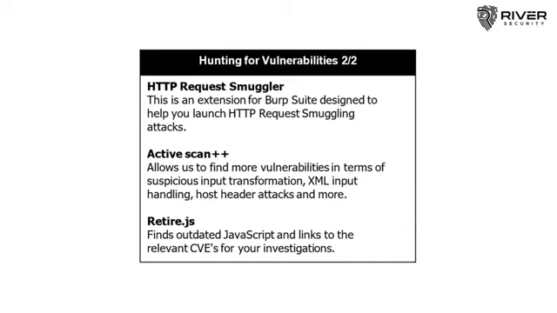Because of how, say, a web application firewall, a proxy, or some kind of middleware might misinterpret different pieces of the headers of the HTTP protocol, and interpret them differently than what the actual application is doing, HTTP request smuggling becomes something that we need to be concerned about.